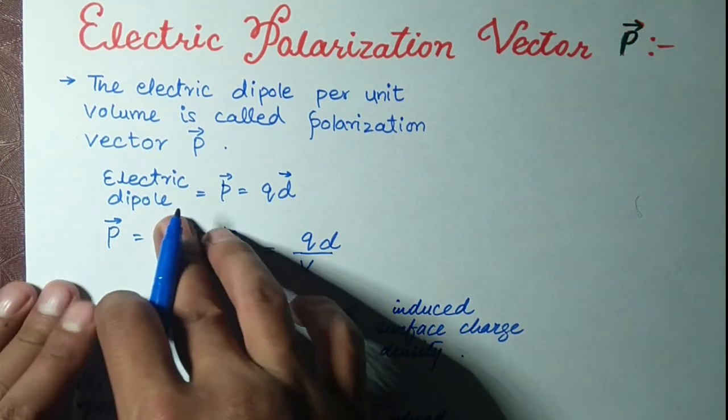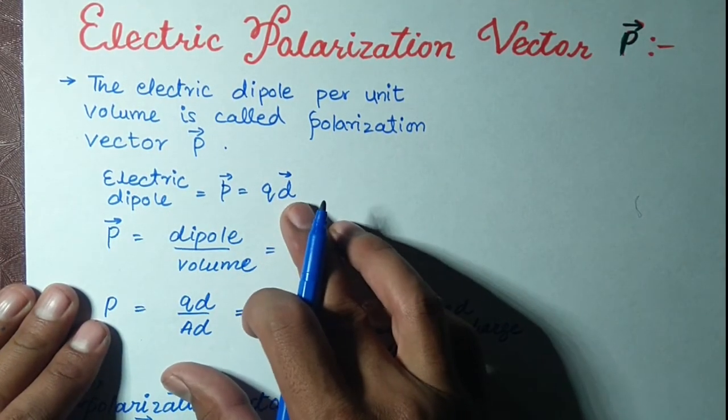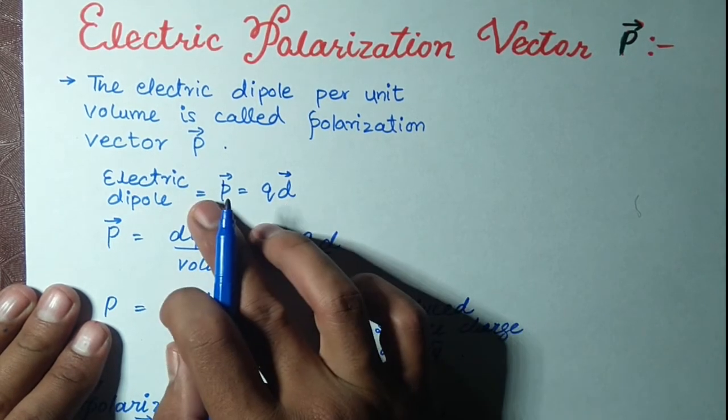So the electric dipole moment p is equal to Qd. We know this formula. This is the dipole.